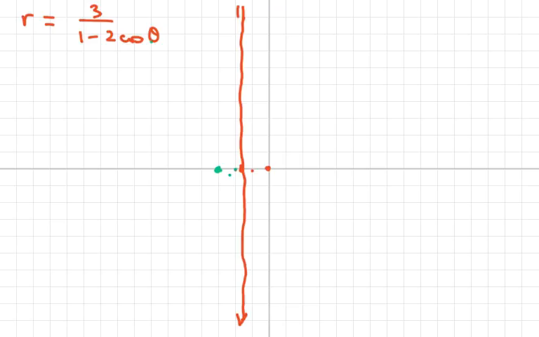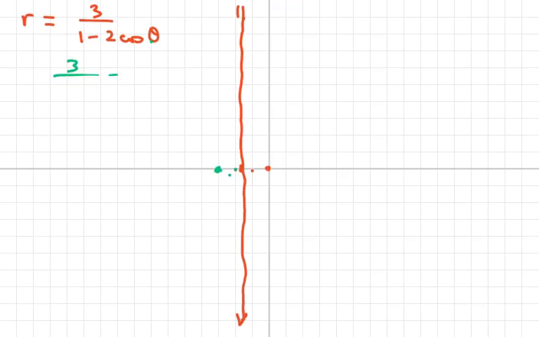And when I plug in pi, cosine of pi is -1. Let me reerase this and do it again.